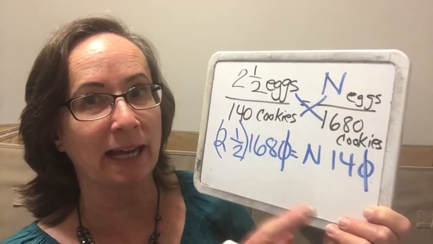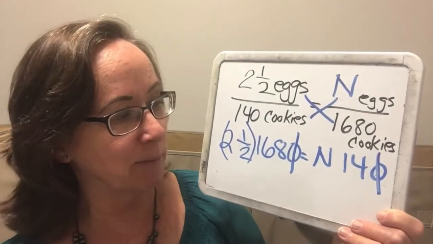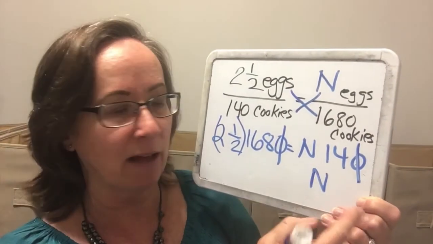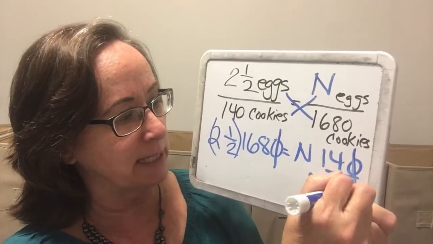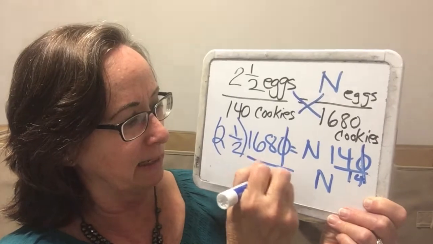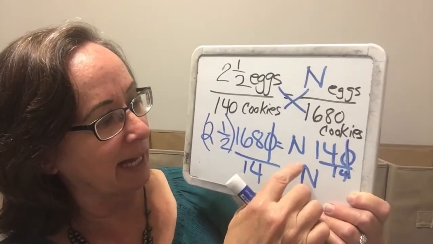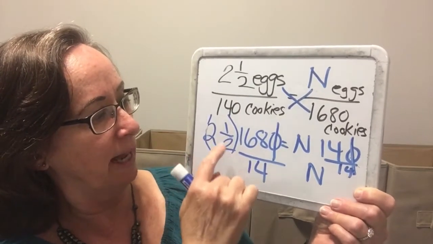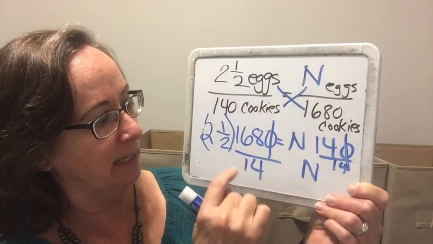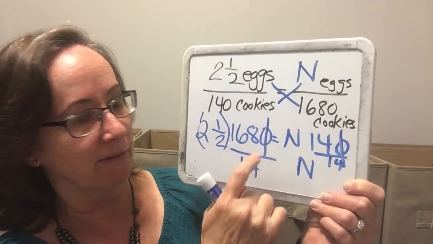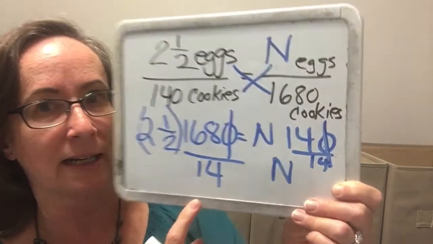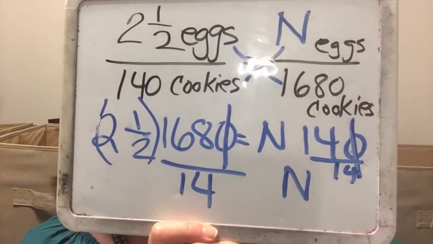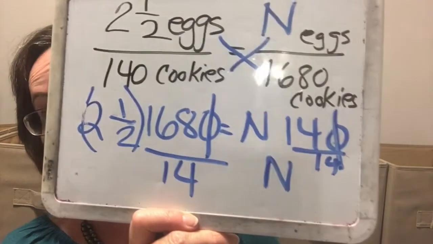So I divided both sides by 10 and I'm trying to get the N by itself. So to get the N by itself, wouldn't I divide both sides by 14 and 14? Okay, so now I've got N equals 2.5 times 168, I already took off the 0, divided by 14. So I'm going to hold that there so you can get that down, and then we're going to work that on another paper.